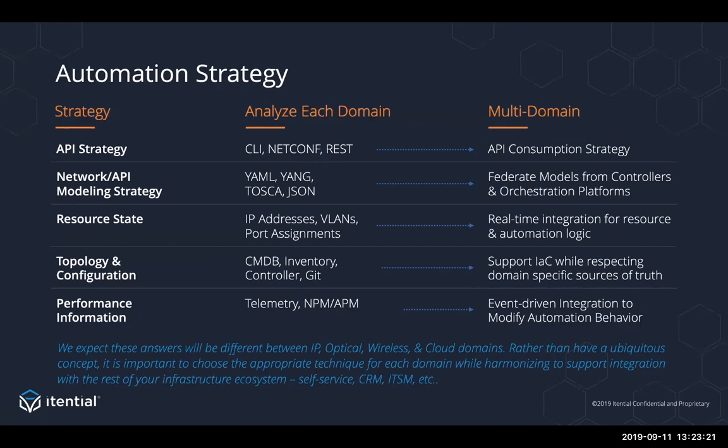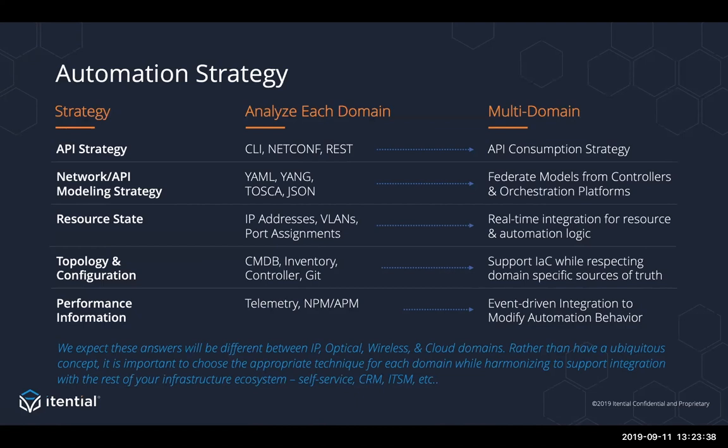So if we look at those domains and those strategies on a per domain basis, then we look at it from a multi-domain perspective. So if I have some domains that are netconf and some that are REST and some that are CLI, the question is, how do I consume those APIs across each of those domains?